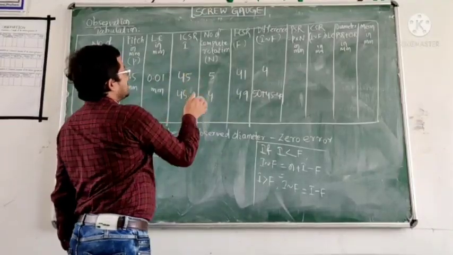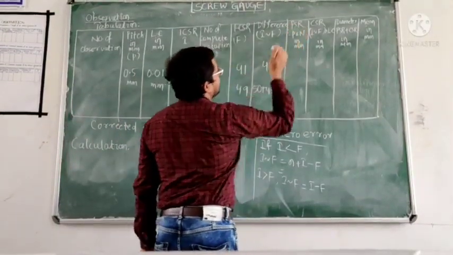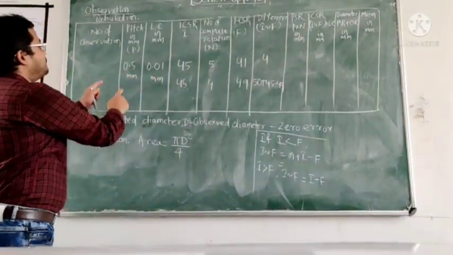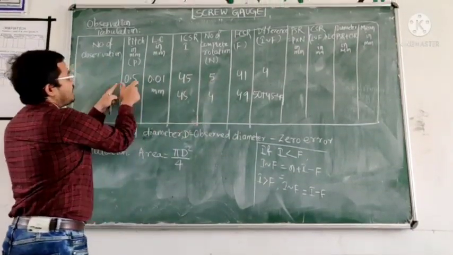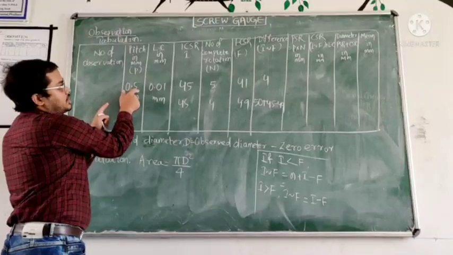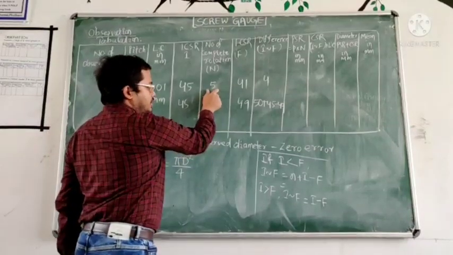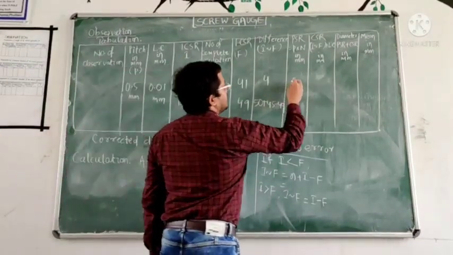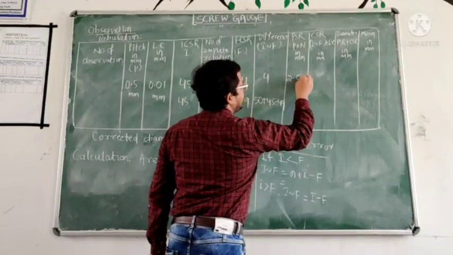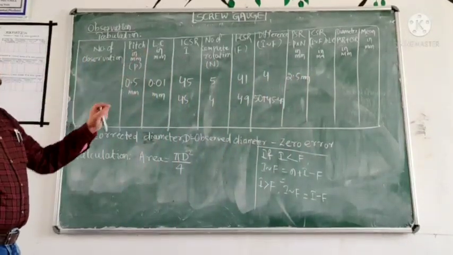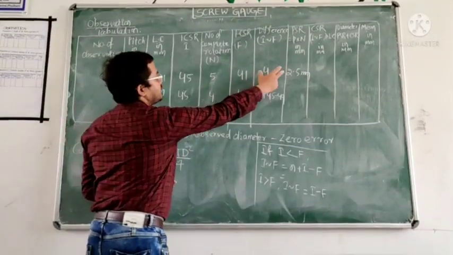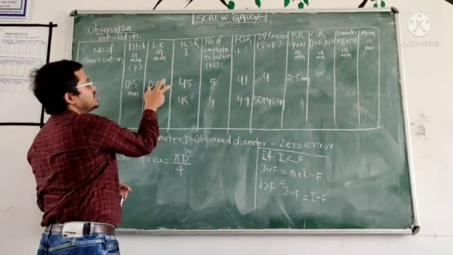Now we are going to see the PSR. PSR is pitch multiplied by the number of complete rotations. Our pitch is 0.5 mm and the number of complete rotations we have obtained is 5. So it will be 2.5 mm. And the CSR will be I minus F multiplied by the least count.